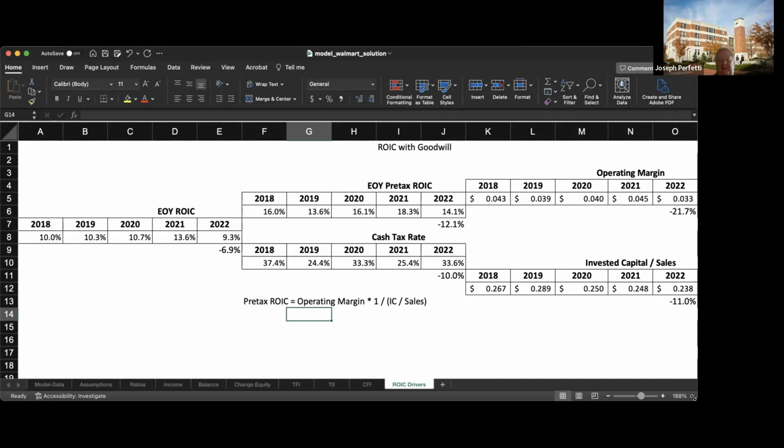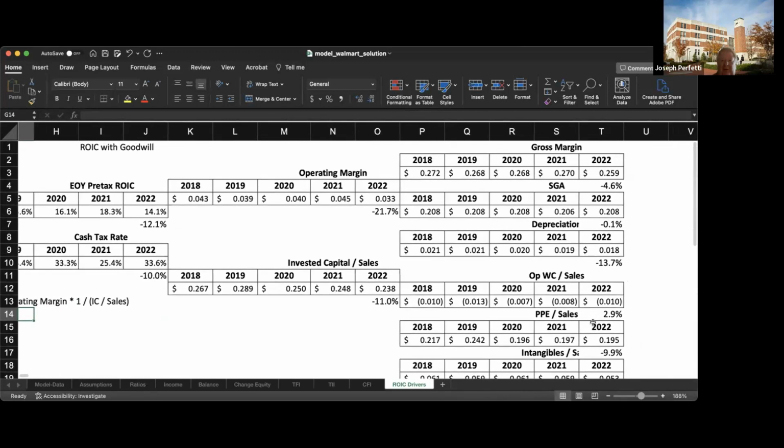Yeah. And so on the click down, what happened that caused their operating margin to go down? Either Adam or somebody else. All right, Patrick. Their gross margin fell from 27 cents to 25 cents per dollar of sales.